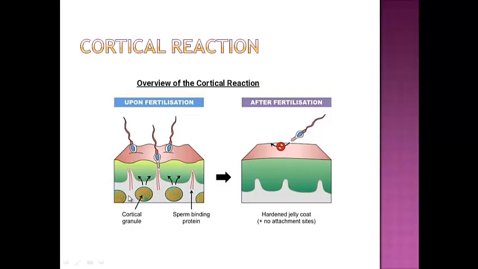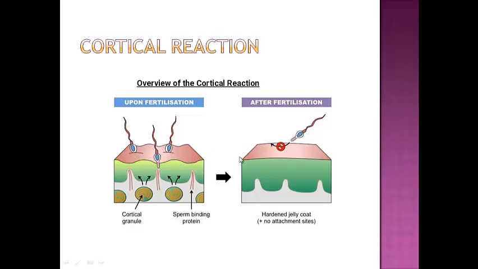What they do is travel near the surface, or the outer layer, of the cell. If you notice, on the inside of the granule there's a yellow circular content. These cortical granules burst open and release their contents. Those contents end up forming a jelly coat, or impenetrable layer, outside the ovum.